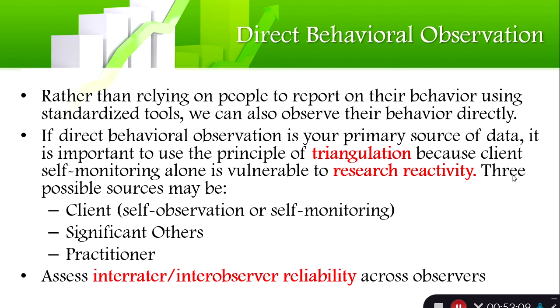And if we're using direct behavioral observation, we want to make sure, if at all possible, that we assess for inter-rater, inter-observer reliability across observers. So if we ask clients to observe themselves, and significant others as well as practitioners, we want to look at the extent to which the ratings across observers are in agreement.